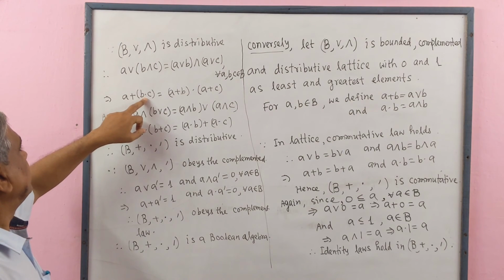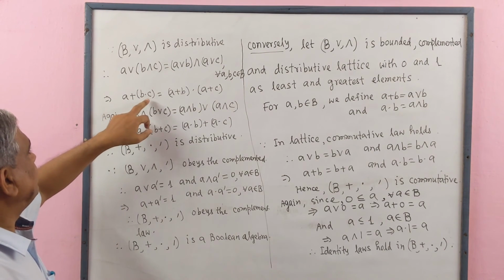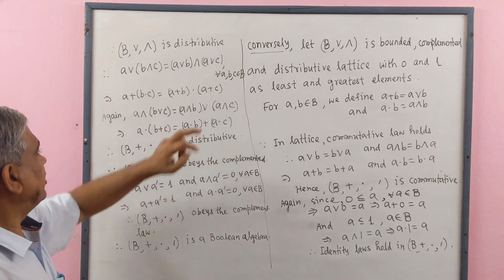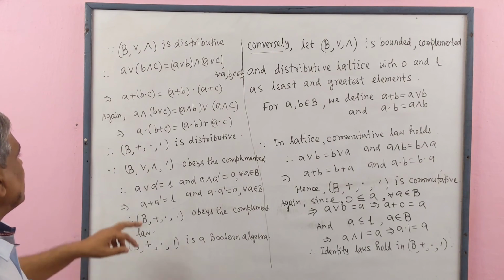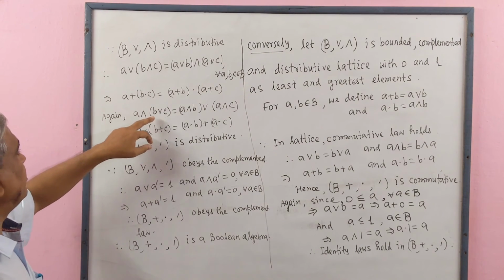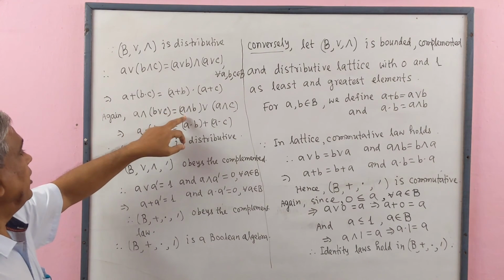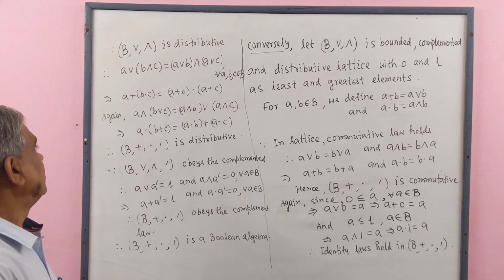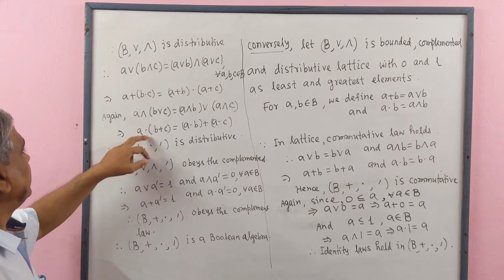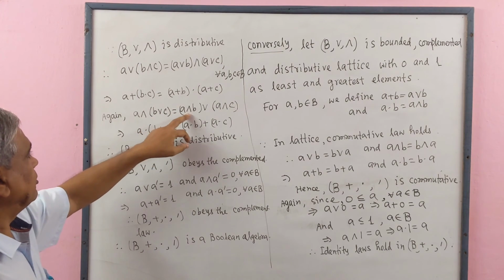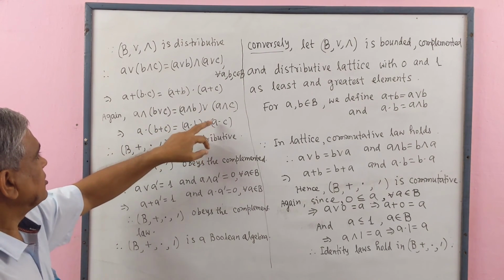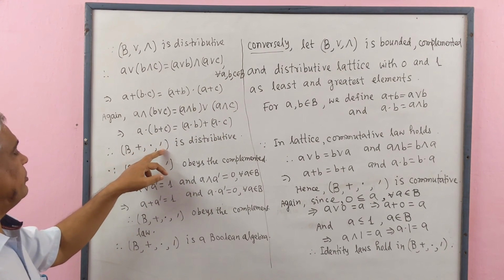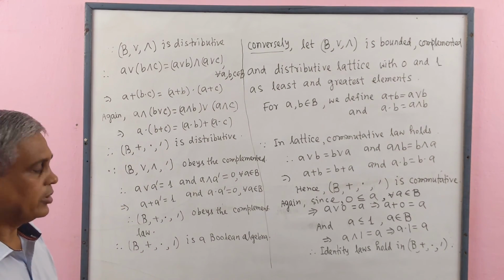So, we get A plus (B dot C) equal to (A plus B) dot (A plus C). Again, A meet (B join C) equal to (A meet B) join (A meet C). In place of meet, we write dot. In place of join, we write plus. Here also dot, here plus, here dot. Therefore, B with plus, dot and complement is distributive.